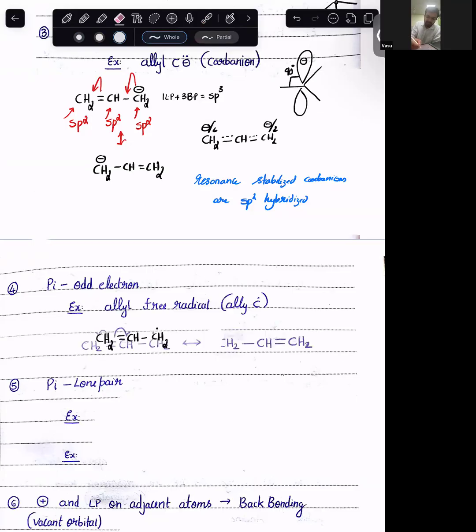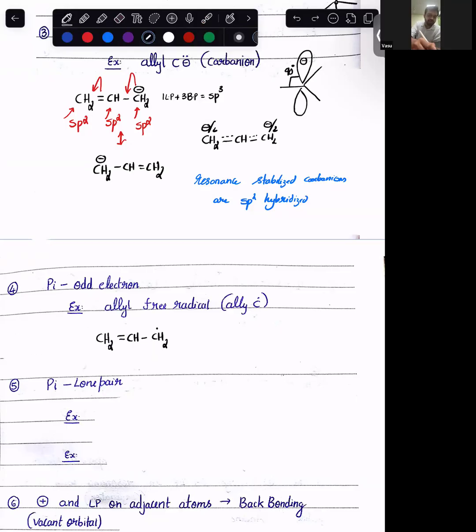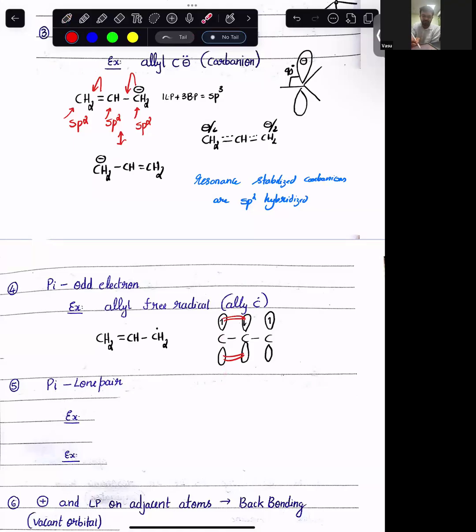If I show the orbital diagram, you have an electron here, you have an electron here, you have an electron here. So initially, there is overlap between these two. In the resonating structure, what you can do is break the overlap between these two and form the overlap between these two.